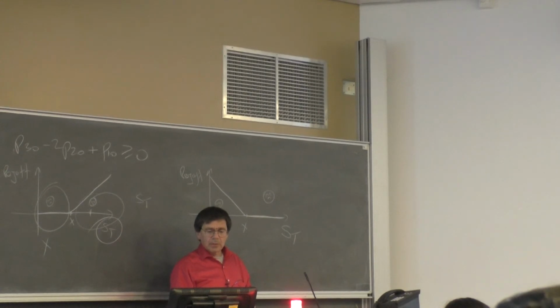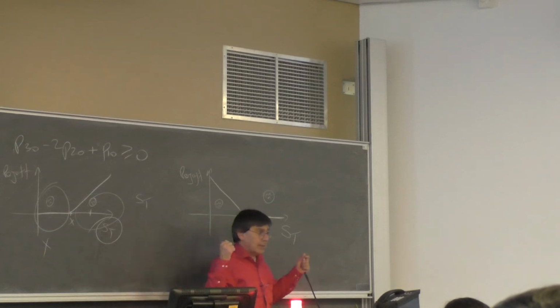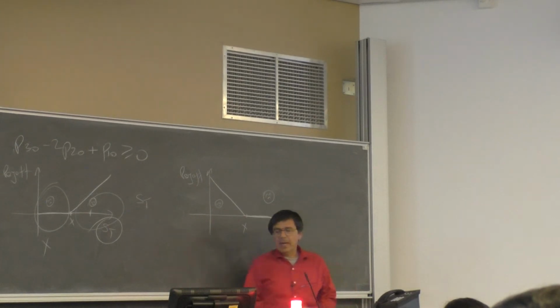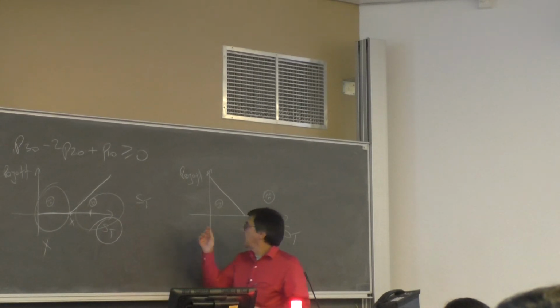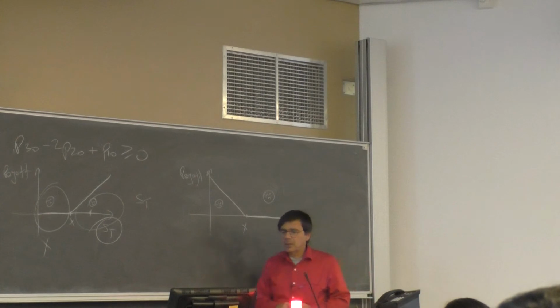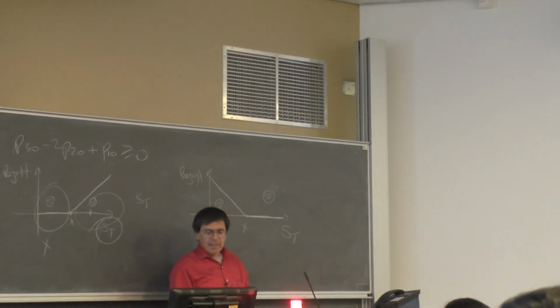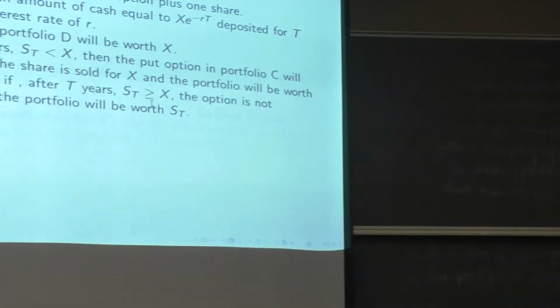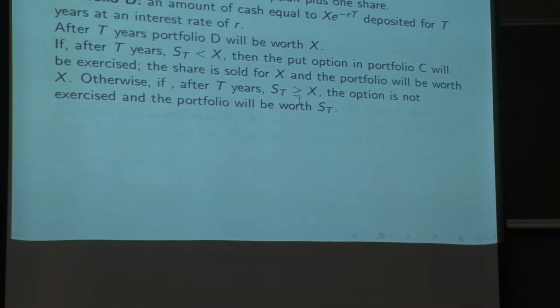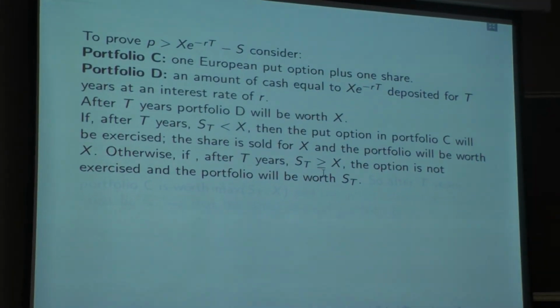So we're going to take this share, this 1 unit of the underlying asset in portfolio C, we're going to sell it for X, and then the portfolio at expiration is just going to be worth X. And if after T years we find ourselves in the sad kind of future, we do nothing with the put option, the option is not exercised, and then the portfolio is worth, well, what's left in the portfolio? 1 unit of the underlying asset, which is worth ST, as I emphasized last time.